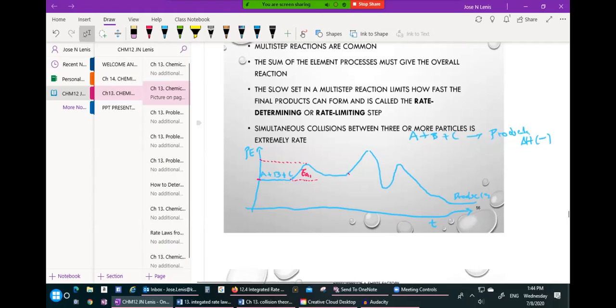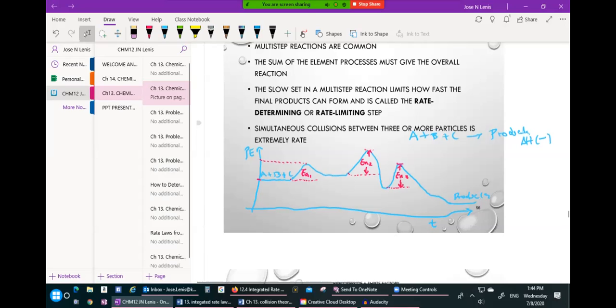For step 2, this difference of energy here will represent the activation energy for step 2. And for step 3, this difference of energy between this base and the peak is the activation energy for step 3.